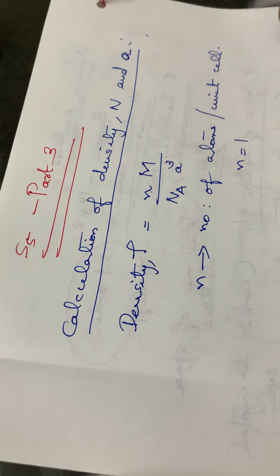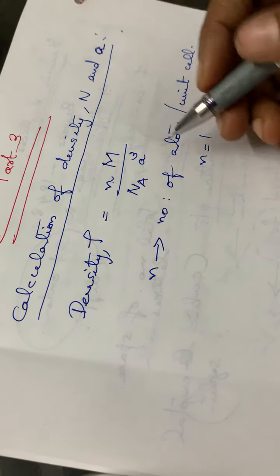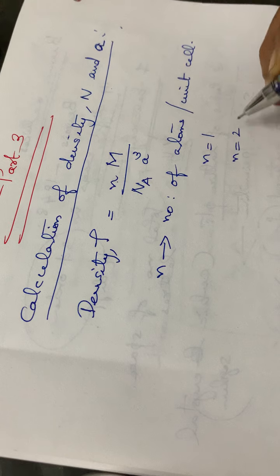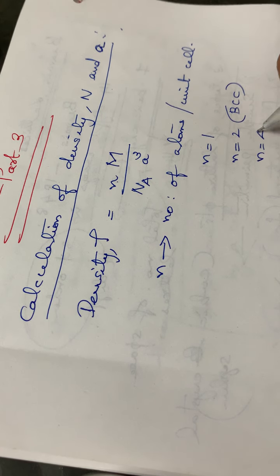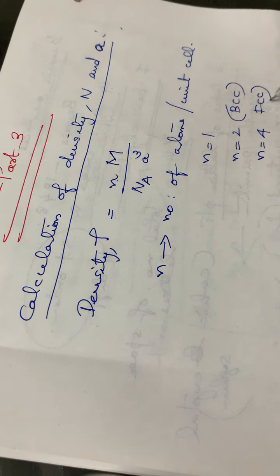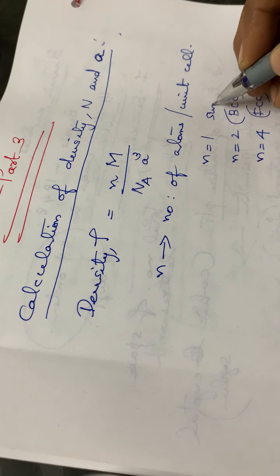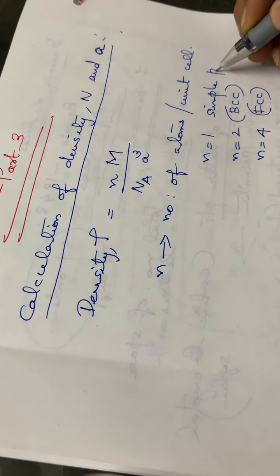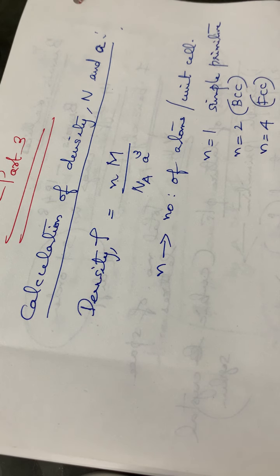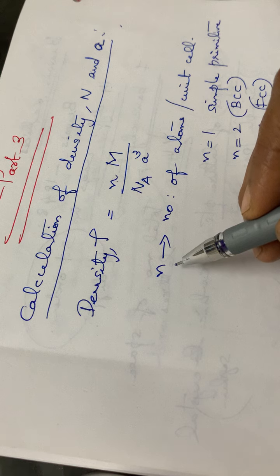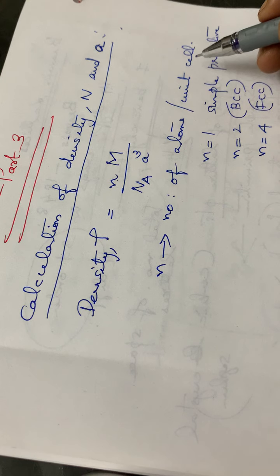For a body-centered cubic lattice, BCC, n is equal to 2. Then for an FCC lattice, n is equal to 4. So this is the number of atoms for a simple primitive, a body centered as well as the face centered. So n represents the number of atoms per unit cell.